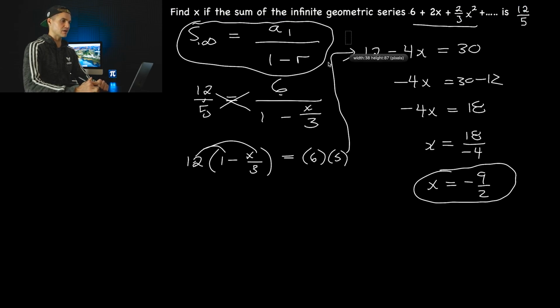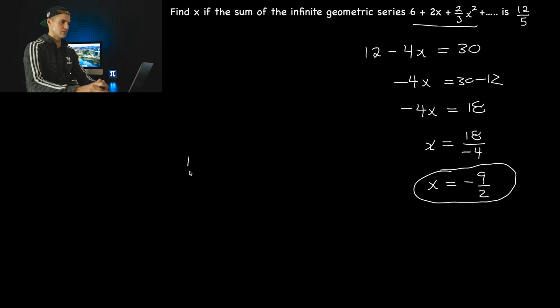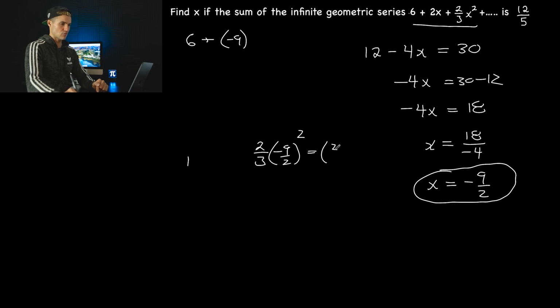Now, if you actually plug this in, what we have is 6 plus 2 times negative 9 over 2. The 2's cancel out, so that ends up being negative 9. And then 2 over 3 times negative 9 over 2, squared. That would be 2 over 3 times 81 over 4.